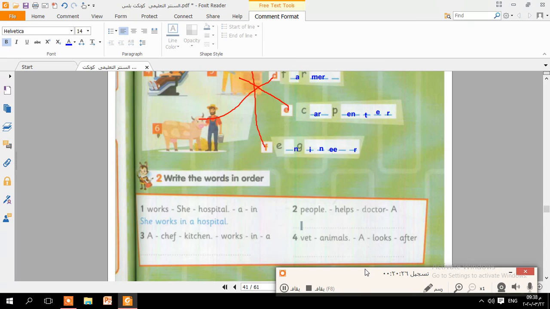A doctor helps people. Number 3, a chef kitchen works in a.